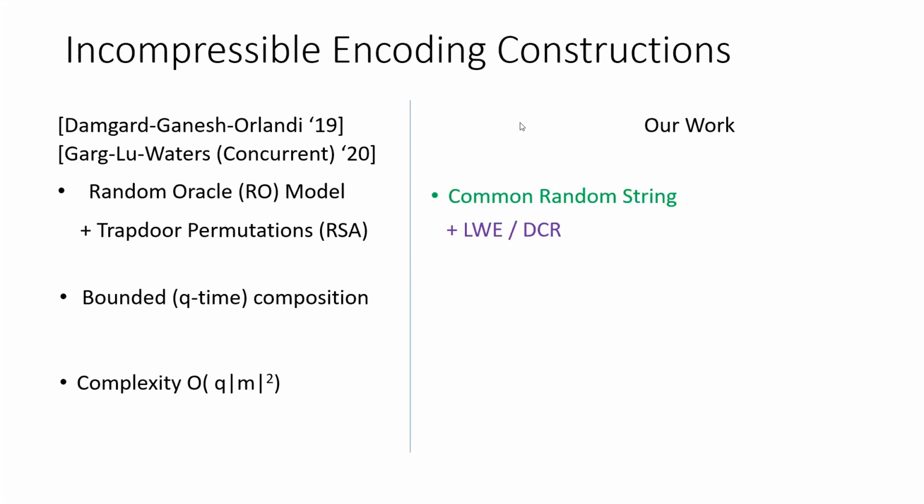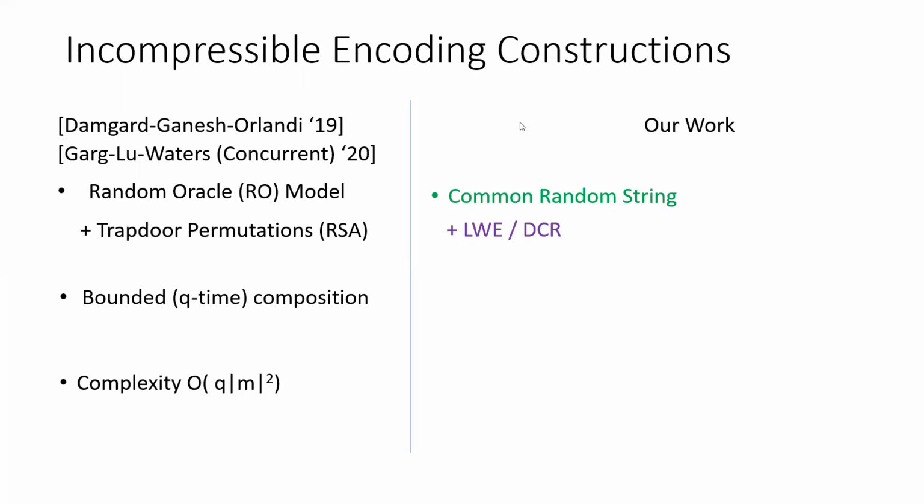So for our work, we managed to get a construction in the common random string model. So we remove the random oracles, but we do this at a cost. We don't rely on general trapdoor permutations. We rely on something slightly different and incomparable. For example, we get constructions under either the learning with errors assumption or the decision composite residuosity assumption.